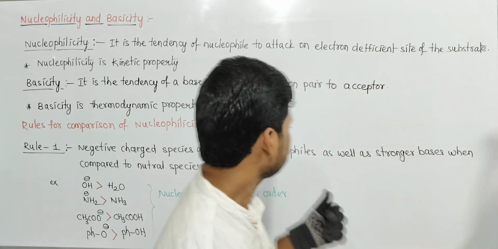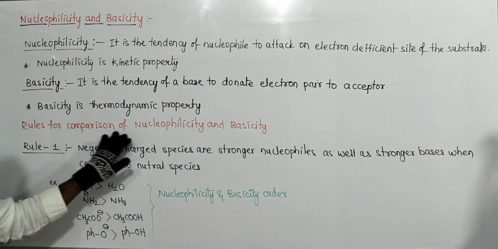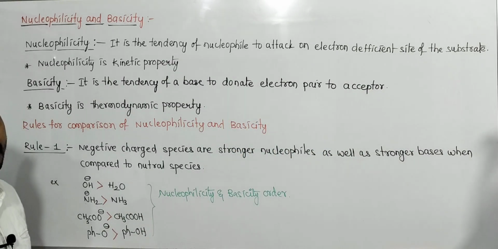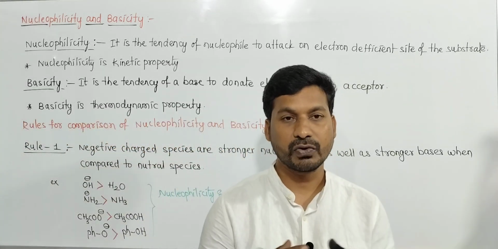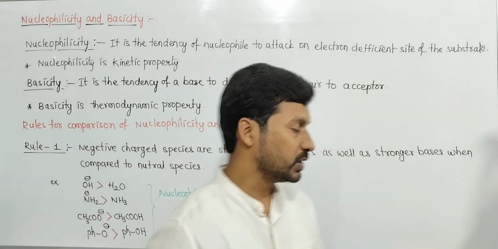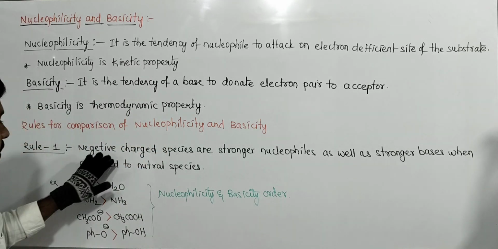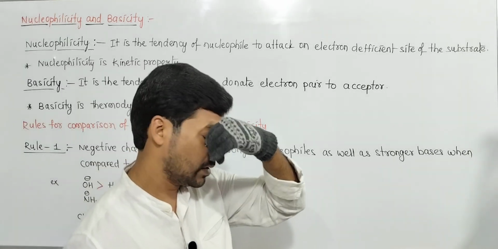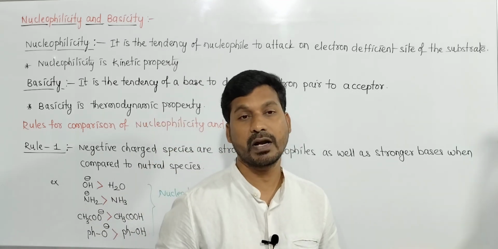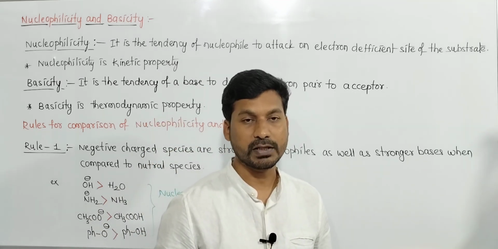Okay, so now the rules for comparison of nucleophilicity and basicity. There are five rules used to compare nucleophilicity and basicity. The first one is rule 1. Negative charged species are stronger nucleophiles as well as stronger bases when compared to their corresponding neutral species.